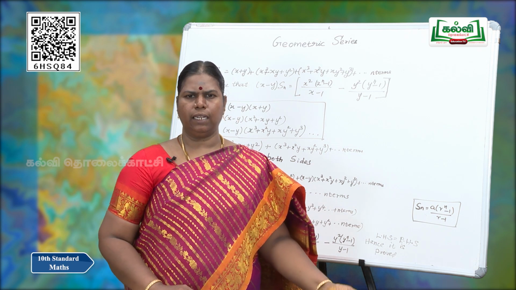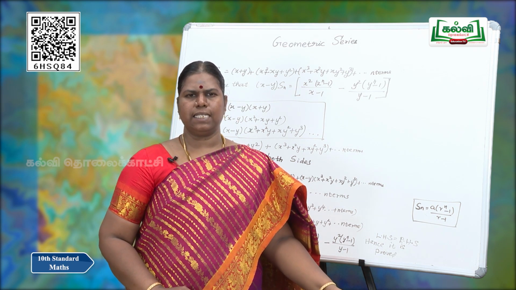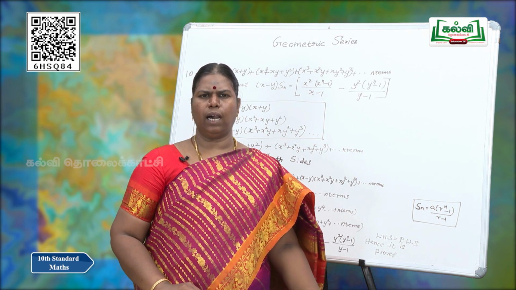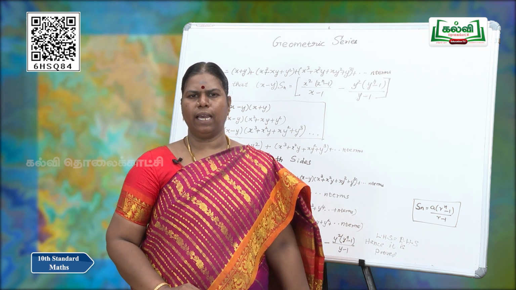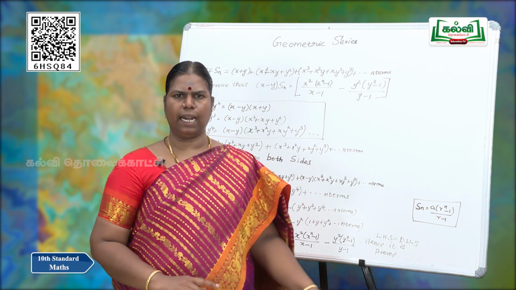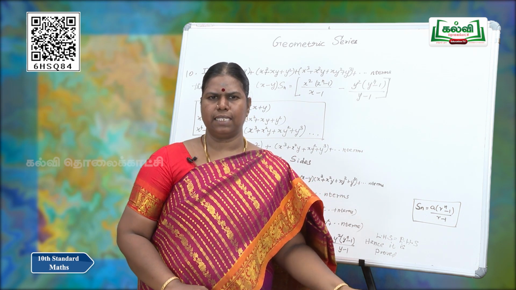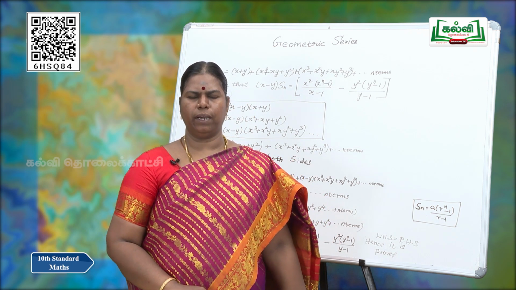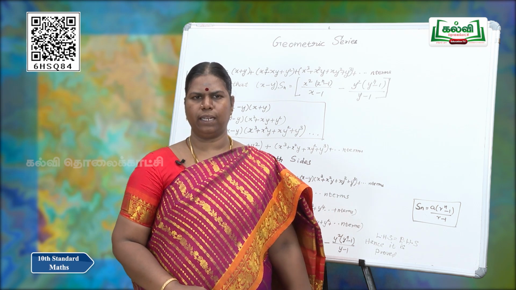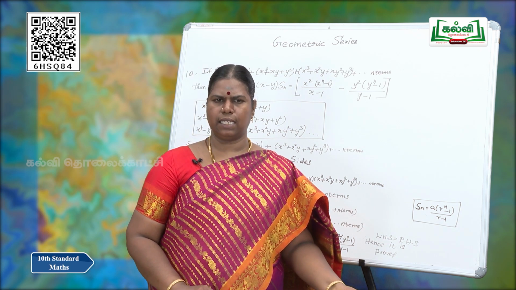Students, in this class, we have learnt sum to n terms of the GP. First, sum to n terms of a GP, Sn is equal to A into r power n minus 1 by r minus 1 when r is greater than 1. Sum to first n terms of a GP, Sn is equal to A into 1 minus r power n by 1 minus r when r is less than 1.